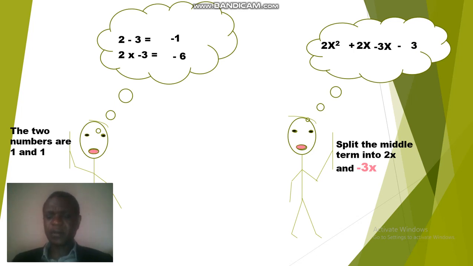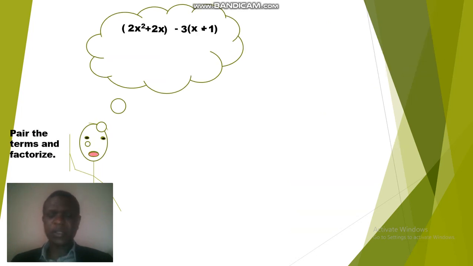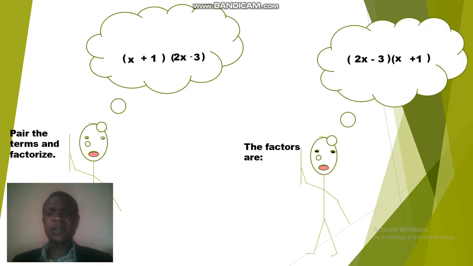We again factorize by pairing, so that we have 2x squared plus 2x in one pair, and then minus 3x minus 3 in the other pair. So when we factorize, we end up with x plus 1 and 2x minus 3. So the factors are 2x minus 3 and x plus 1.